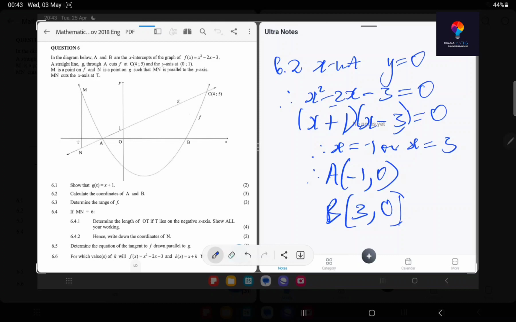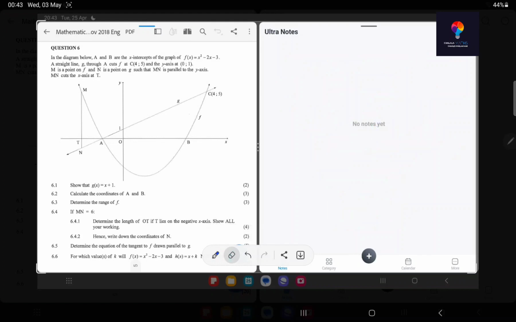Thank you, guys. We can move then to question 6.3. It says we must determine the range of f.